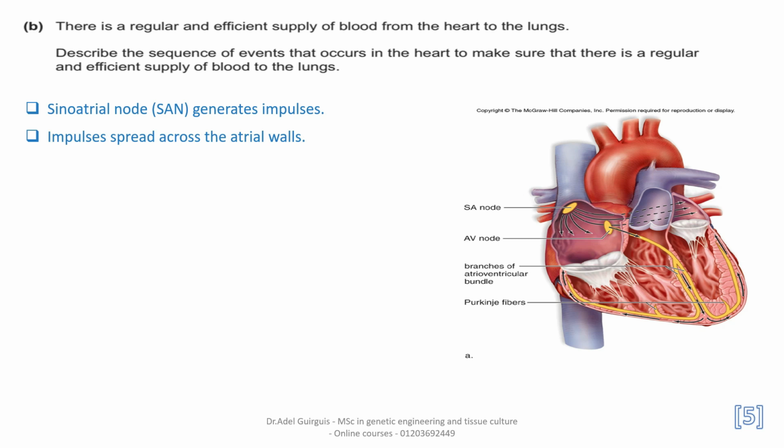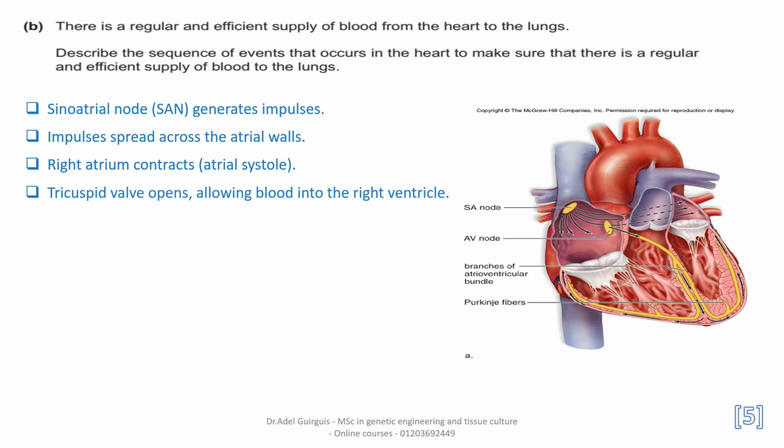That's the period for atrial systole. Look, the right atrium contracts, this is atrial systole. The tricuspid valve opens, allowing the blood to move into the right ventricle.